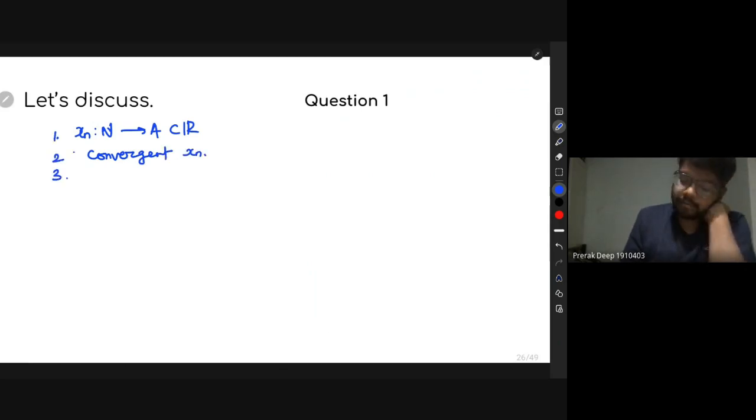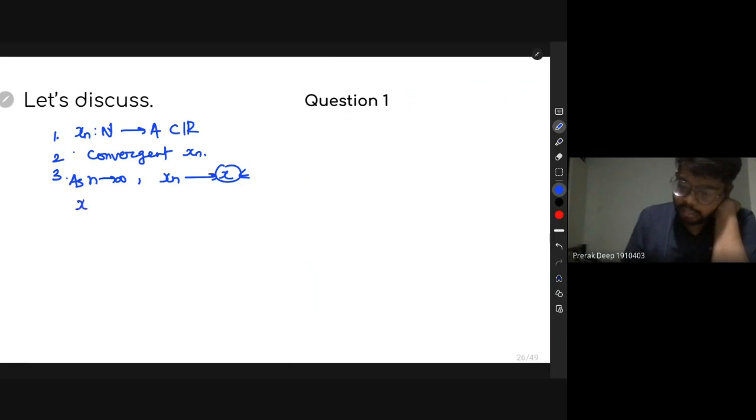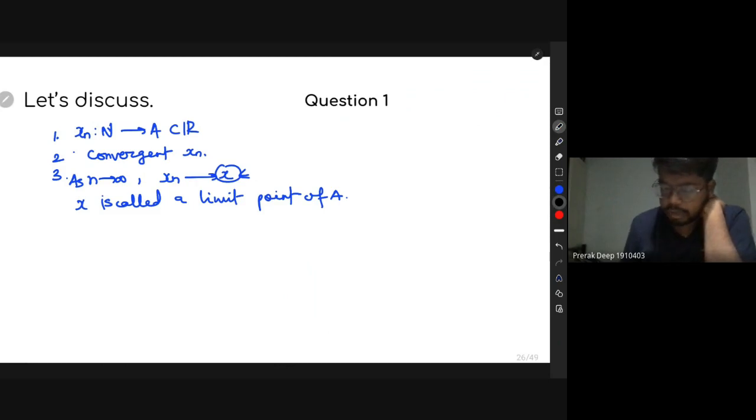Since it's convergent, as n tends to infinity, you will get some limit point of Xn. So this X is called a limit point of A.